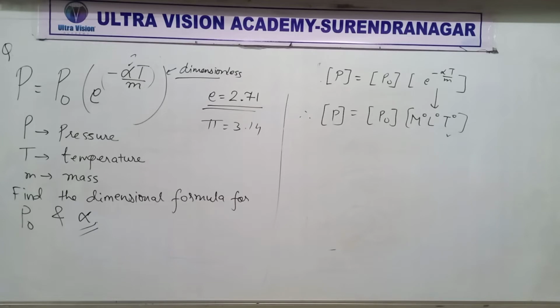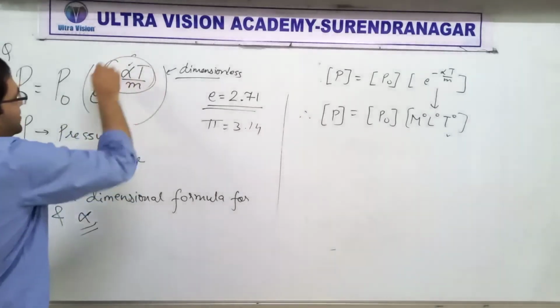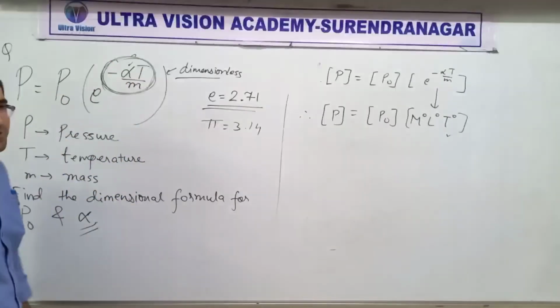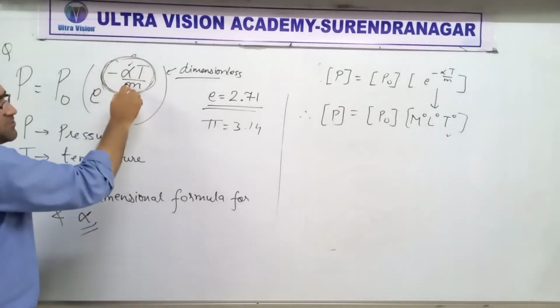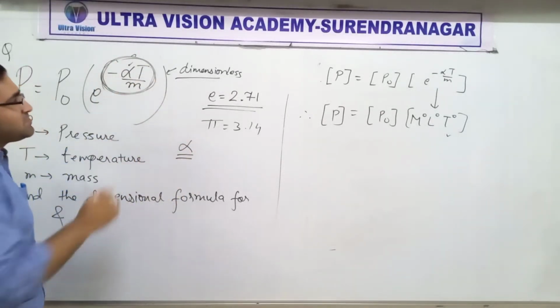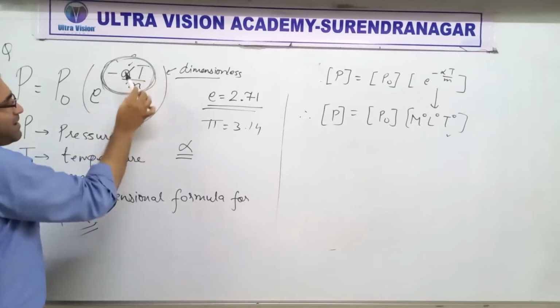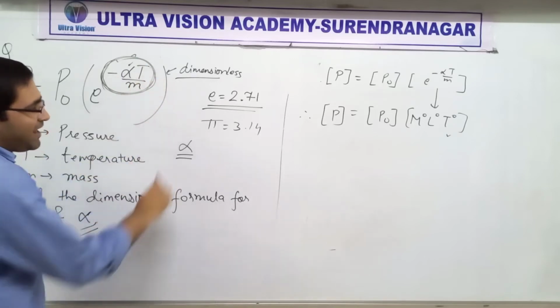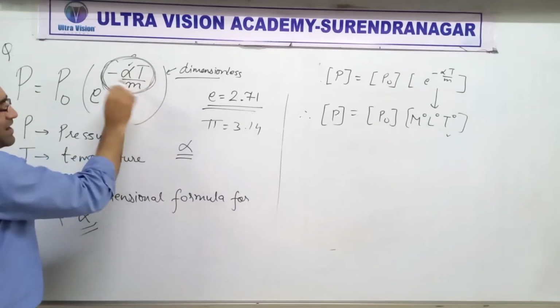Power has no dimensions, so that's why we find it using that idea. The whole power has no dimensions. You are misunderstanding so many things here. This whole thing has no dimensions. I didn't say alpha has no dimensions. What is the meaning of power? Minus alpha t by m is the power. Alpha is not the power. Alpha t by m is the power.